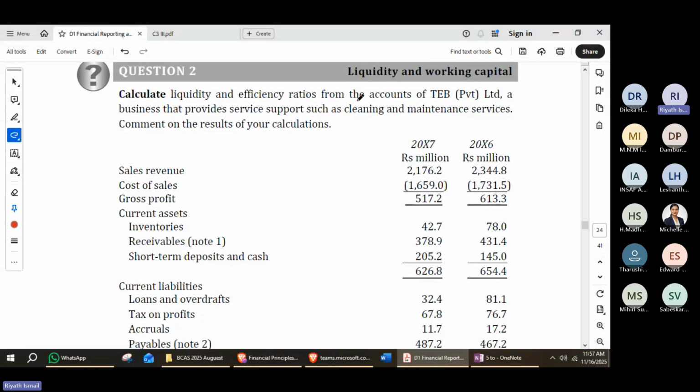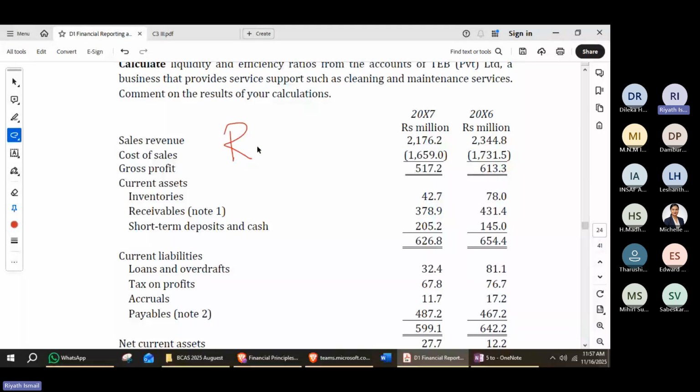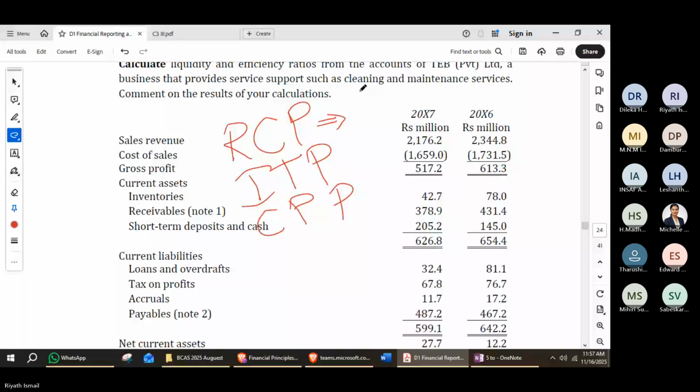Here, in the questions regarding liquidity and working capital management, we can find the receivable collection period, inventory turnover period, and supplier credit payment period, right? For the receivable collection period, we need trade receivable divided by sales.